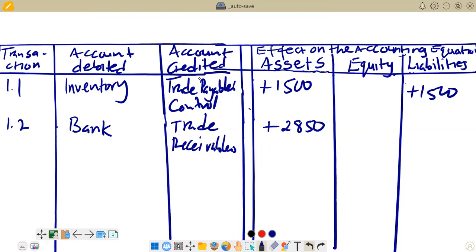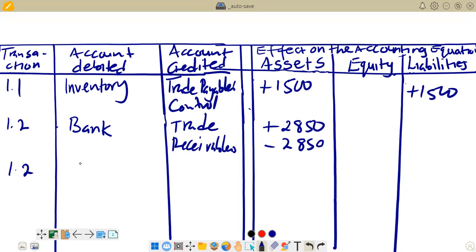And when we are crediting them, we are crediting an asset, we are reducing an asset. So it will be a negative. So here we are also going to see assets being affected twice with this transaction. And then we have negative 2,850. So that's what we have there. Negative 2,850. So remember, we've got two double entries that are there on 1.2.